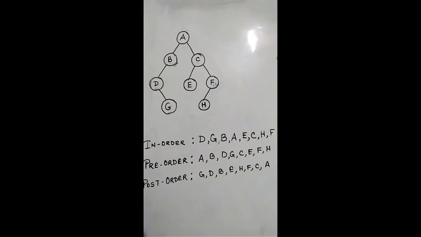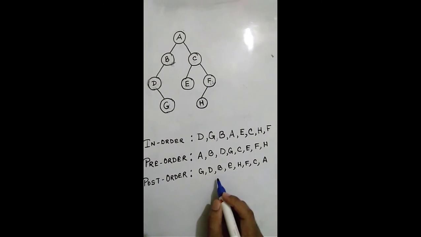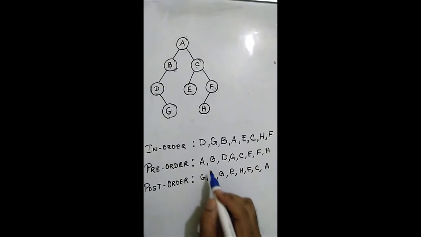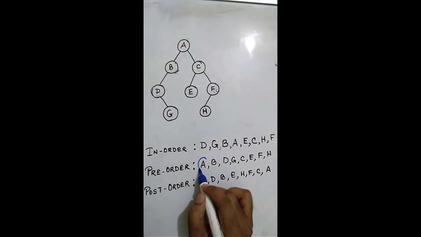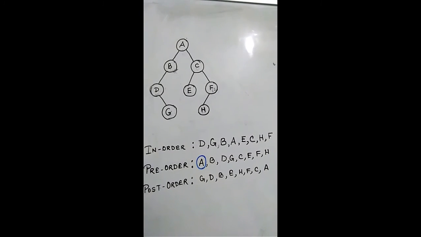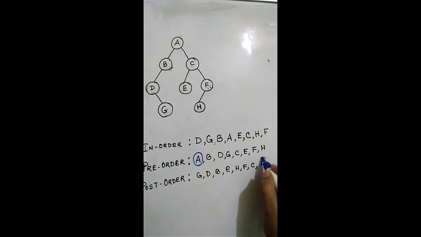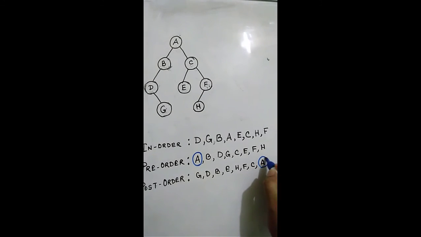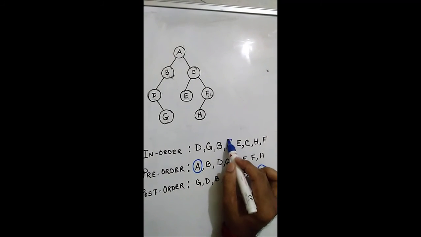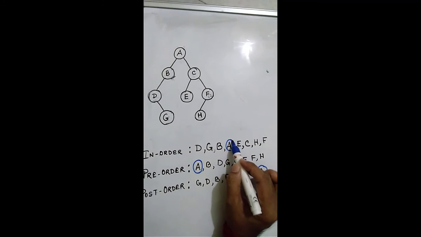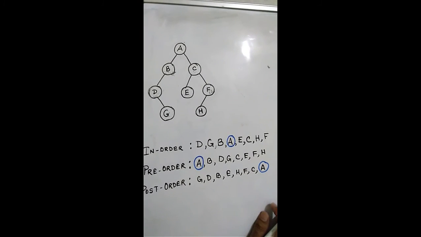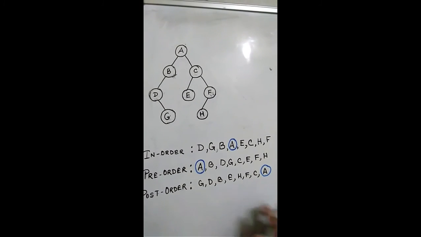We have found one thing: in case of pre-order, the first node is the root of the tree. In case of post-order, the last node is the root of the tree. And in case of in-order, the root exists in between the left subtree and right subtree nodes.